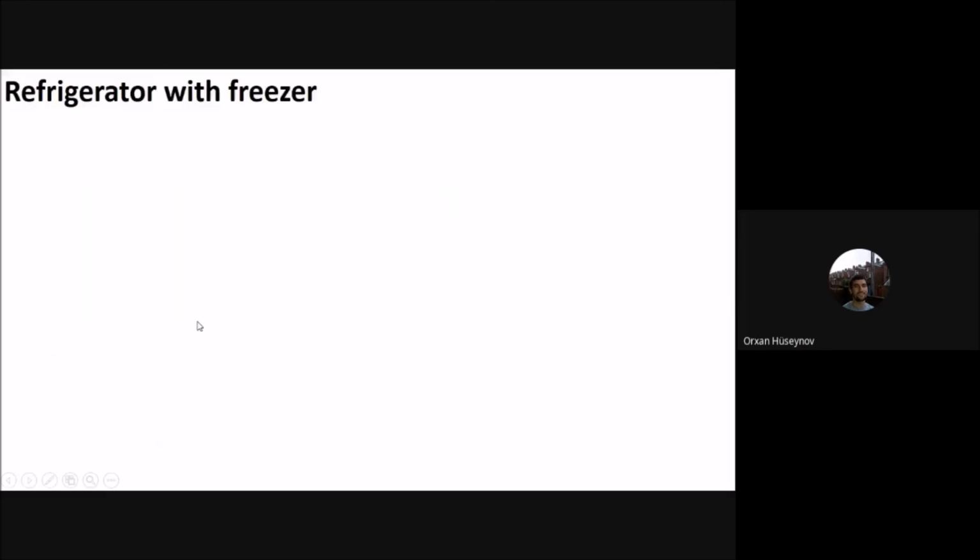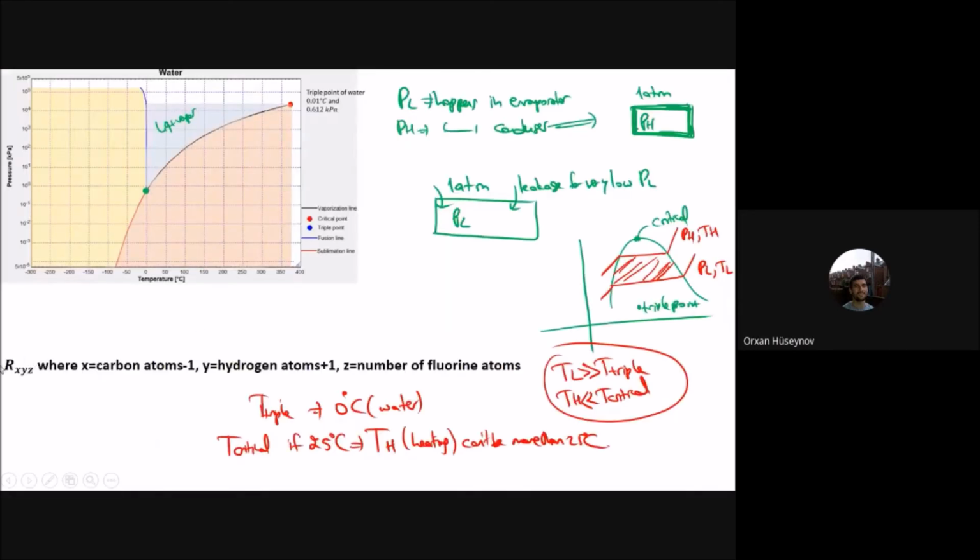And there's a naming convention for the refrigerants, RXYZ, where X means carbon atoms minus 1, Y means hydrogen atoms plus 1, and Z means the number of fluorine atoms. For example, R22 is the same as R022. Let me write it here.